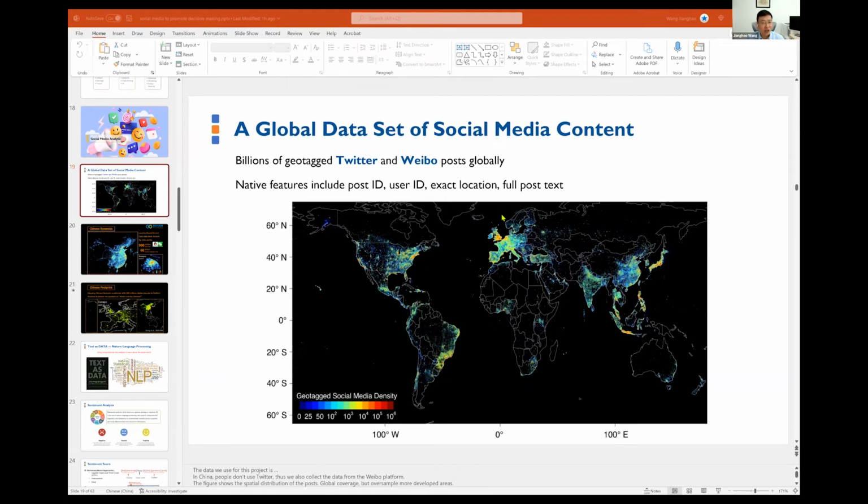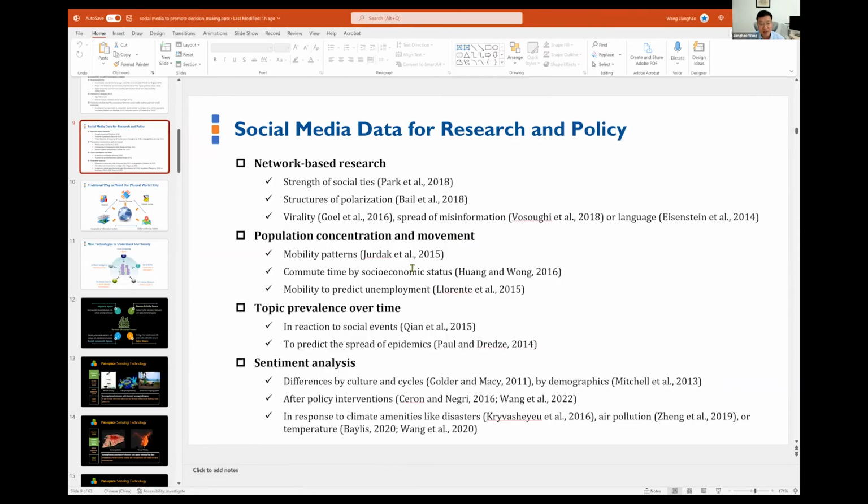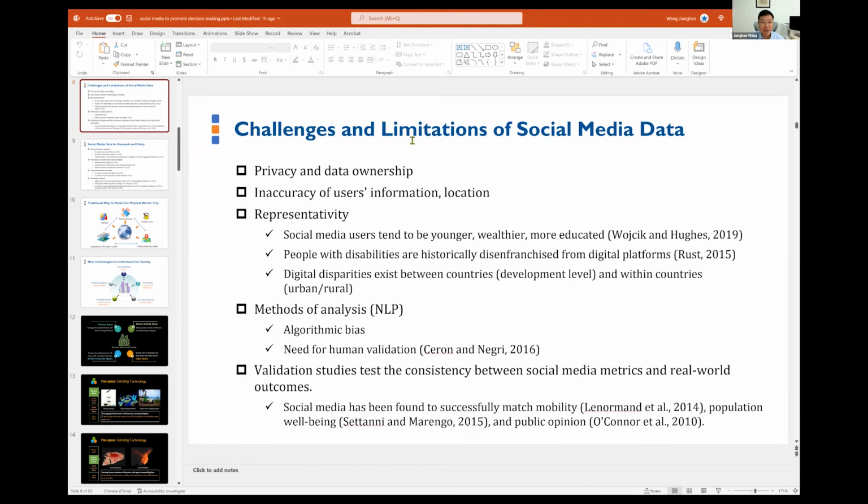Although these data treatments can correct some of the limitations, there are still some challenges. For this challenge, in our current research, which I didn't present here, we follow some other ways to better use social media content for social science study, especially computational social science study.